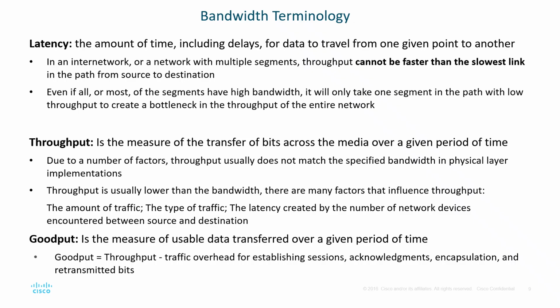Now, a few bandwidth terminology you need to be familiar with. Latency is the amount of time, including delays, very important, for data to travel from one given point to another.